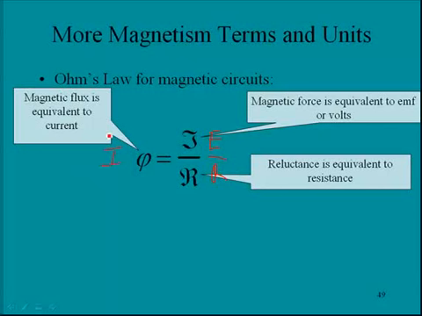So magnetism is very closely related to electricity, and you see here very graphically the relationship between current, voltage, and resistance as related to magnetic force, reluctance, and magnetic flux.